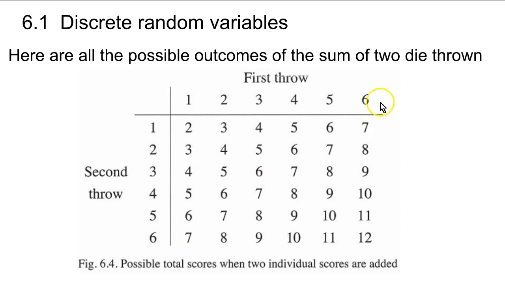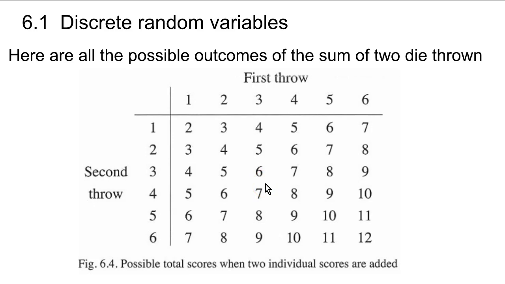If I threw a 6 and a 6, the sum of those two would be a 12. If you go across and over, if I throw a 3 and a 2, it's going to equal 5. These are all the different sums of throwing 2 dice.